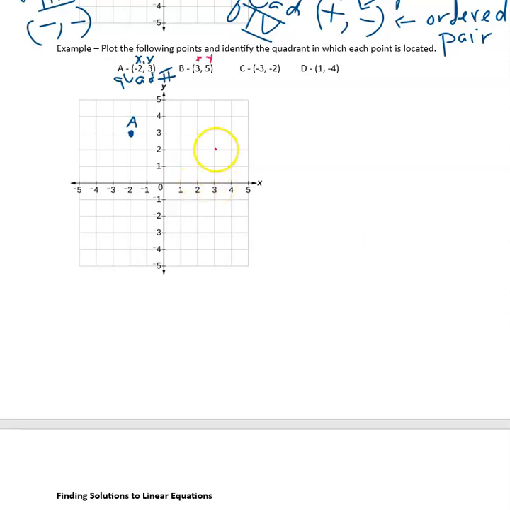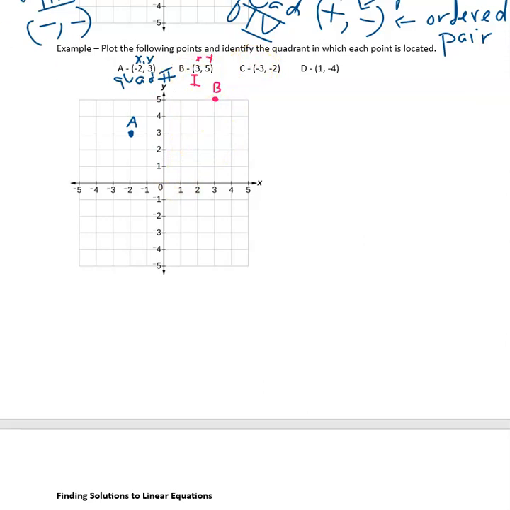I'm going to go positive 5 on y, which is up 5, and then that's going to be the location of point B. So again, we always start at the origin, and then our x value tells us how far to move left or right, and our y value tells us how far to move up or down. And only after we've made both movements are we ready to plot our point. And so that's going to be in quadrant 1, because it's over here in the positive, positive.